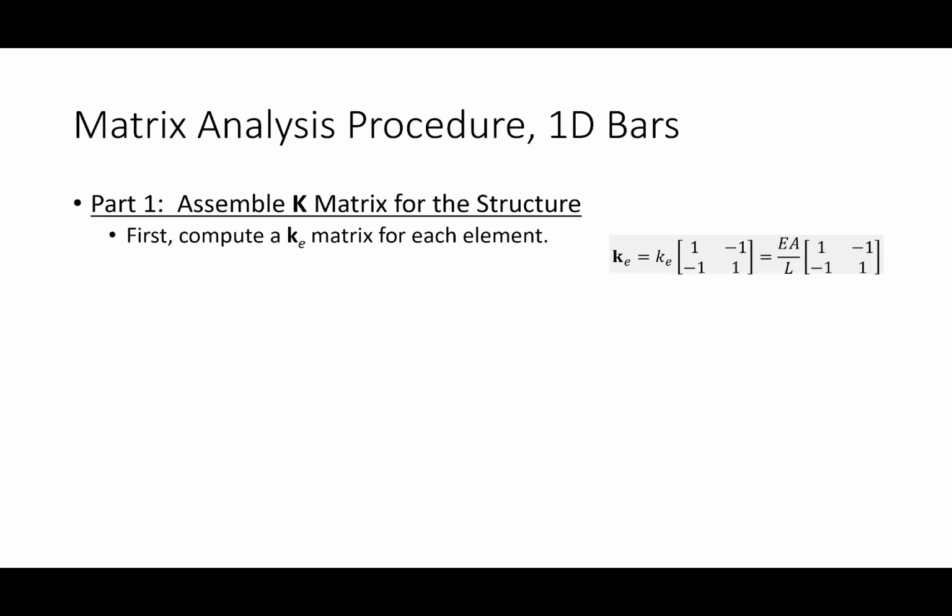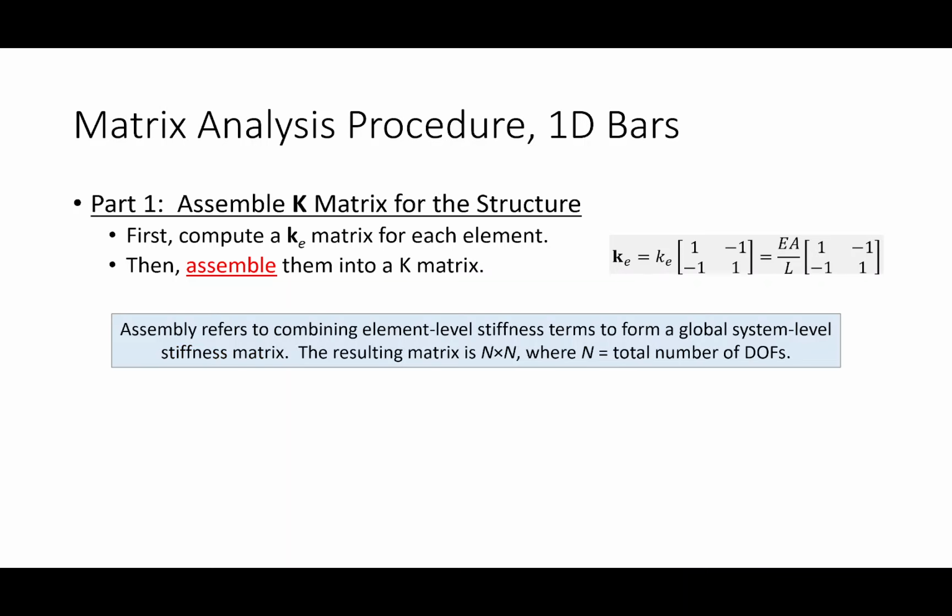The best way of explaining assembly is to just show you, and that's what I'm going to do. Basically, all assembly is just putting the stiffness terms where they go in the big system, okay? And once you see how it works, you'll see how easy it is. You'll also see how Excel works miracles for doing assembly, okay?